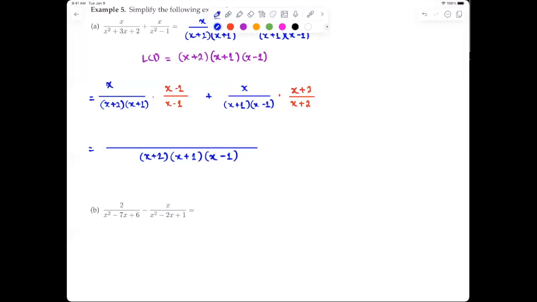We have the same denominator. We're just going to combine the numerators together. So the first numerator is x times x minus 1 plus the second numerator, that is x times x plus 2.